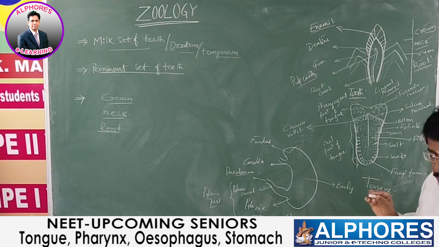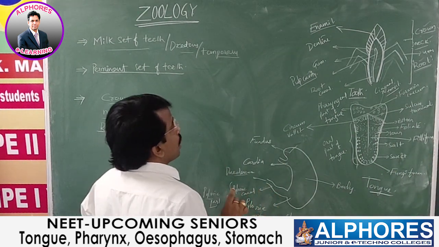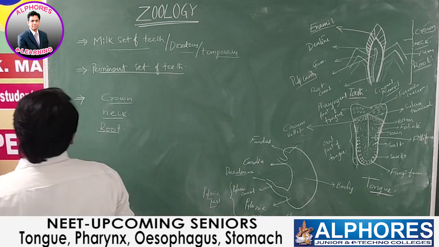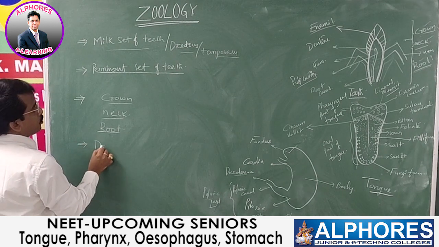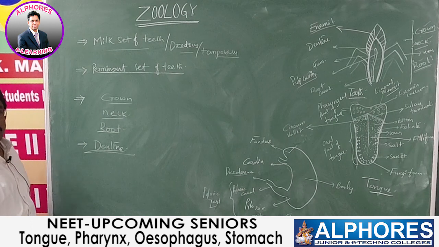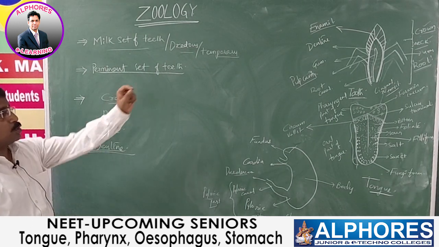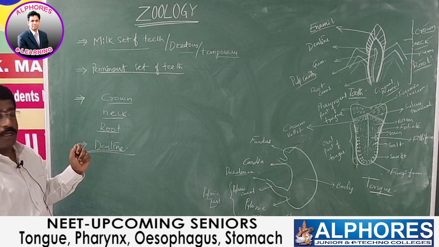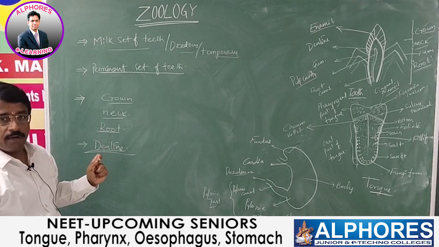So 3 parts are present in the structure of the tooth, which include crown, neck, root. Basically, the tooth is made up of a chemical substance named dentine. Dentine is the chemical material that composes the tooth.